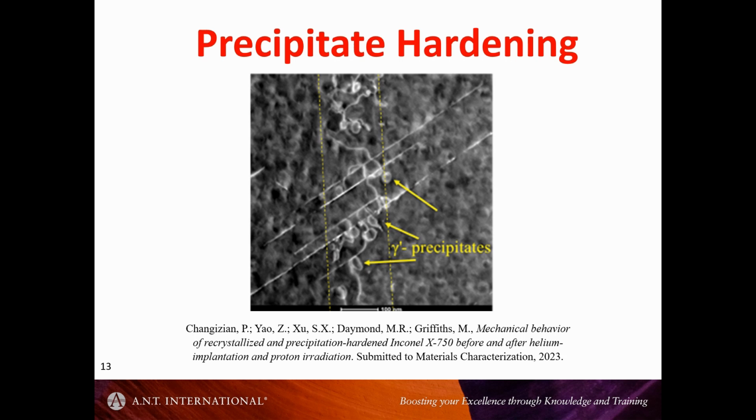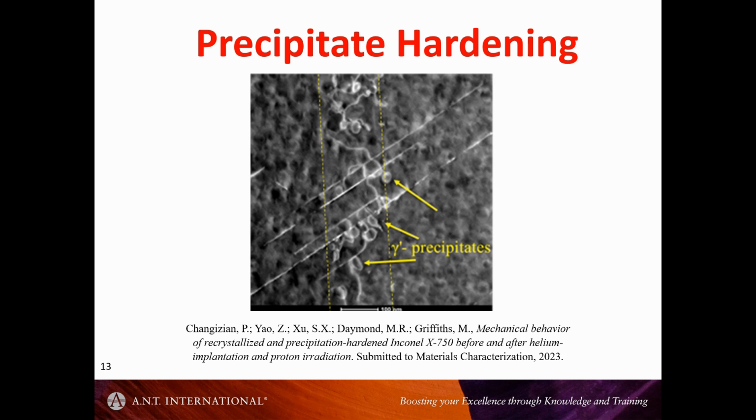So you've probably heard about precipitation hardening. Now, for those of you who are familiar with zirconium alloys, you will know that zircaloys, for instance, contain precipitates, but they're generally not added for mechanical properties. The precipitates in zirconium alloys are added for corrosion behavior or hydrogen ingress.